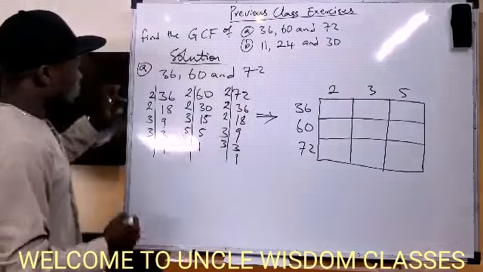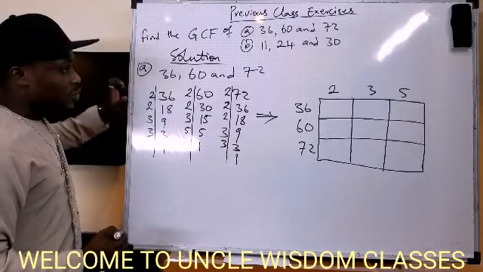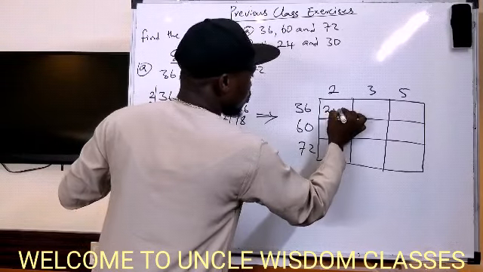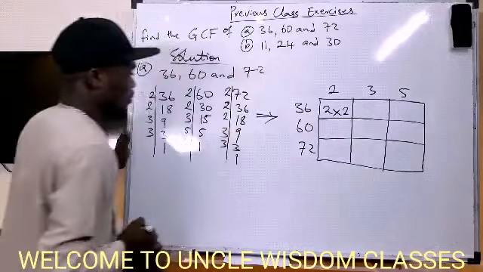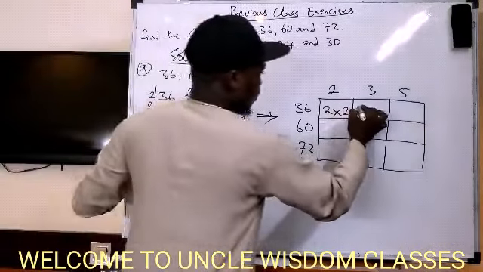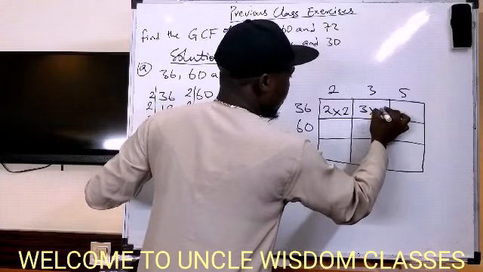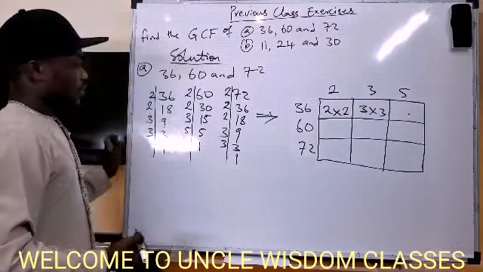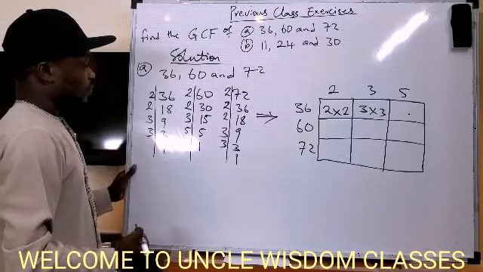In 36, 2 appeared in 2 places, so we write 2 multiplied by 2. Then we have 3 in 2 places, 3 by 3. There's no 5. Put dots.